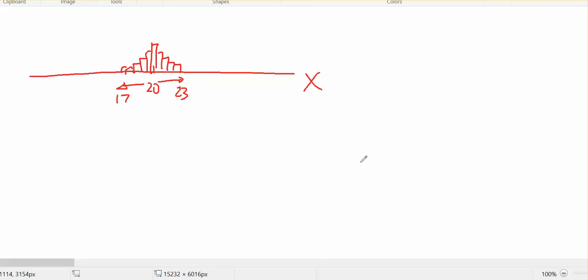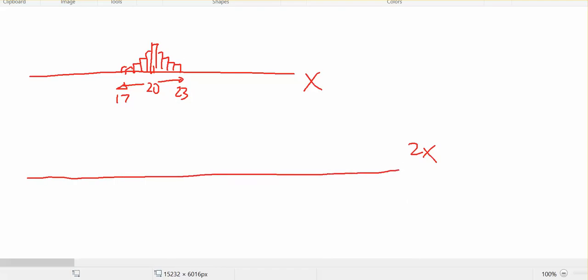And then if I was to consider 2x, that is, the values of x doubled, then I would expect the centre of the distribution to be over here at 40, because everything is doubled. But my largest distribution goes up to 46, and my smaller goes down to 34.